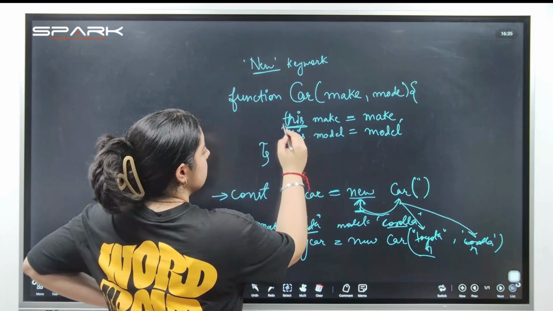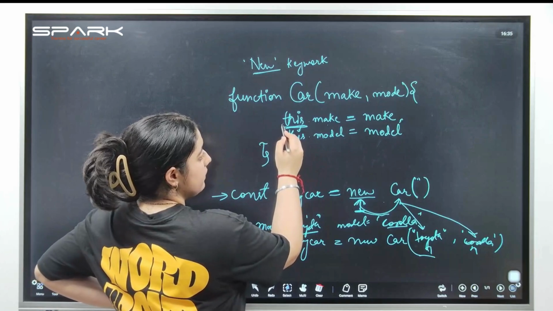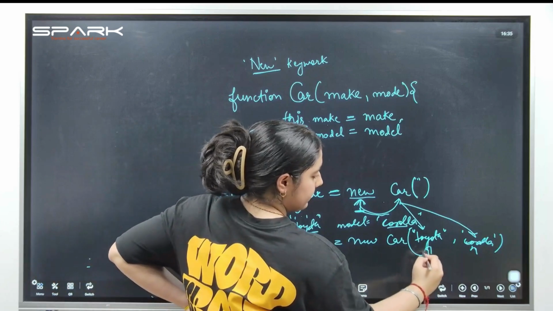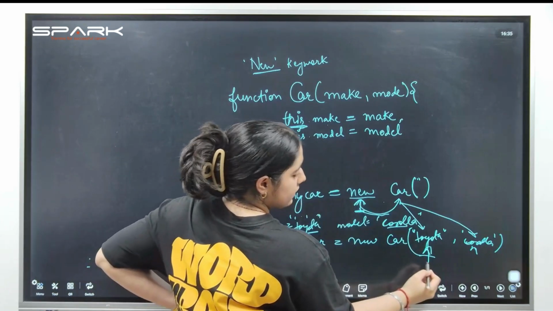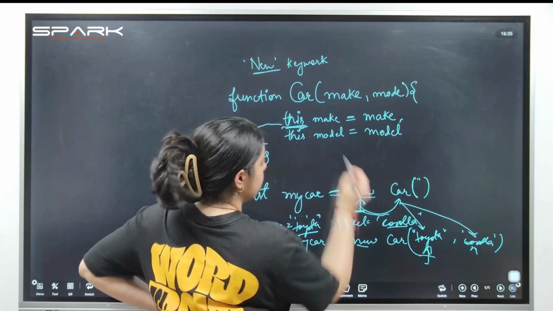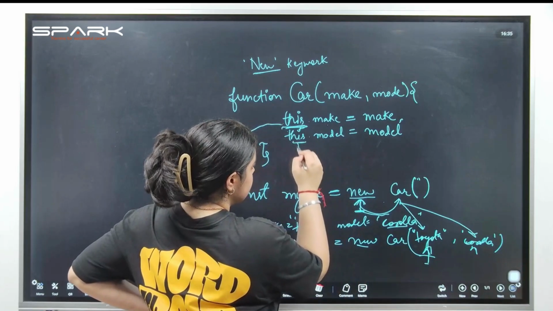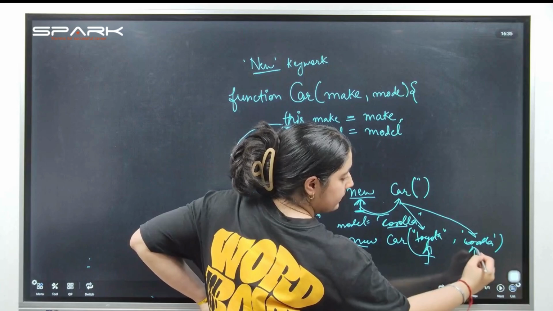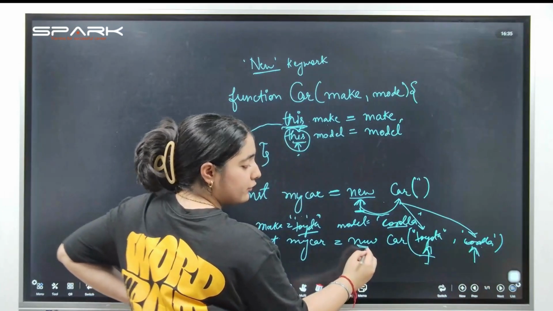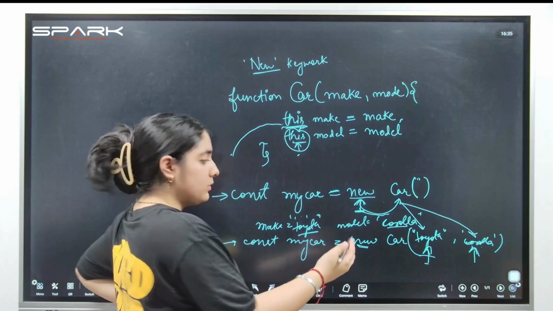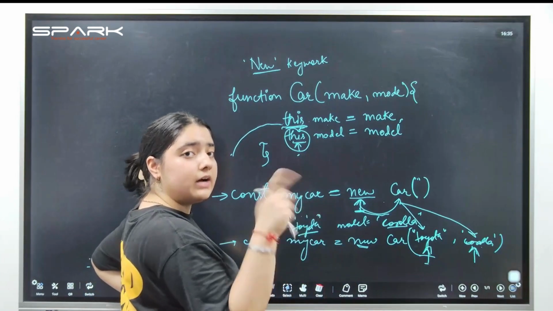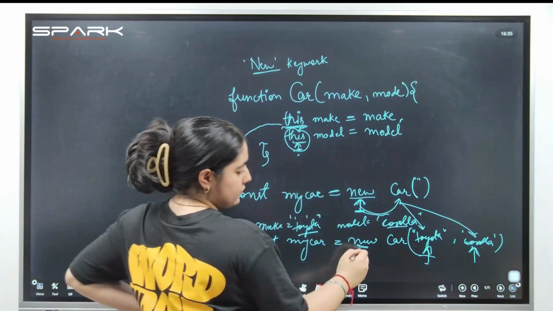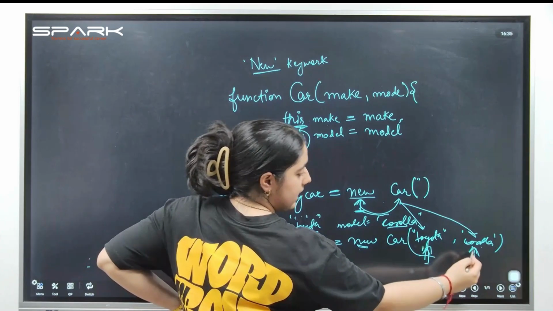The this keyword points to Toyota with the help of the new keyword, and this.model points to the model Corolla with the help of new. As we have talked about, it creates an empty object, and after creating an empty object, it sets this value to the empty object. So this is what is happening here.